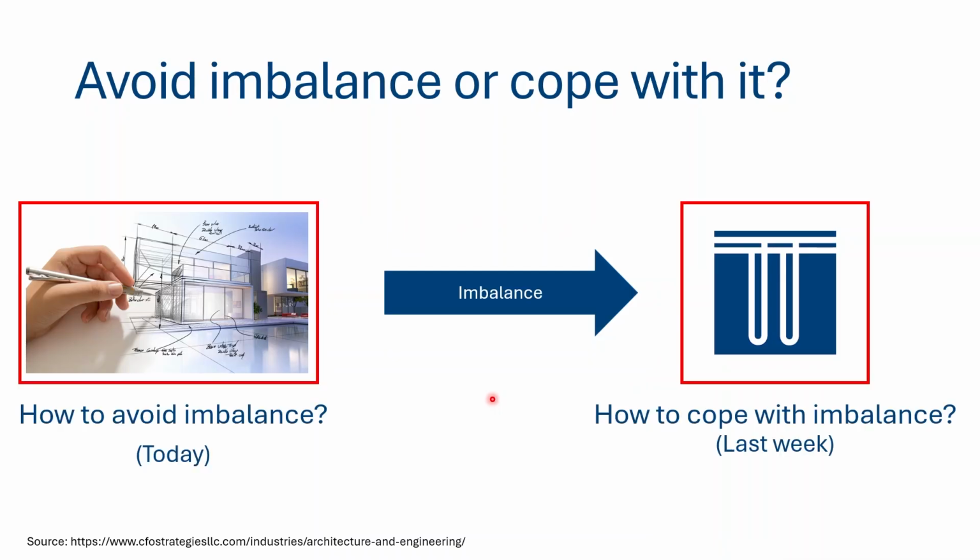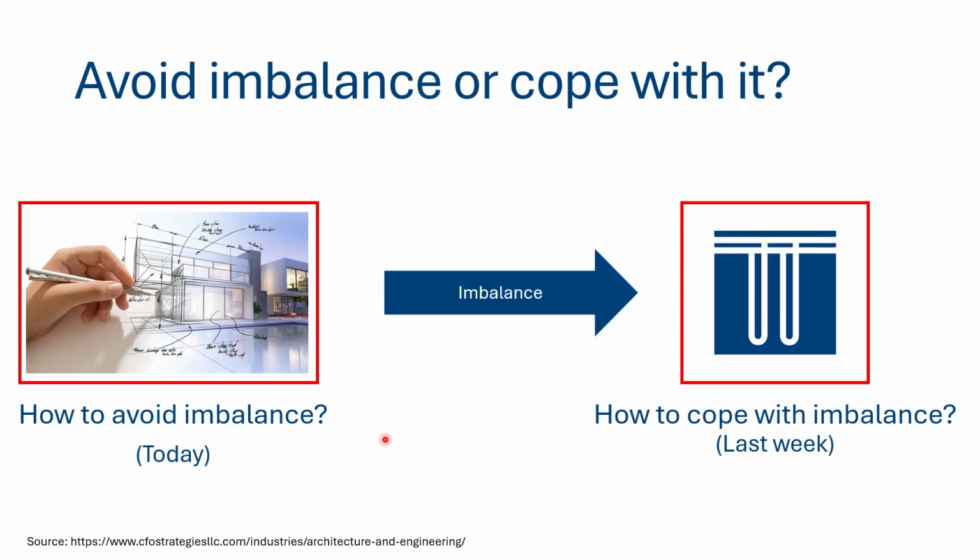That last part was exactly what we discussed last time. When we have a certain imbalance, which is given, which design choices can we make in order to come up with a sustainable, affordable borefield?